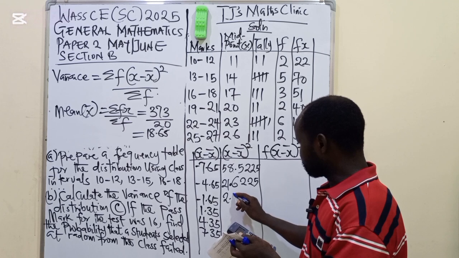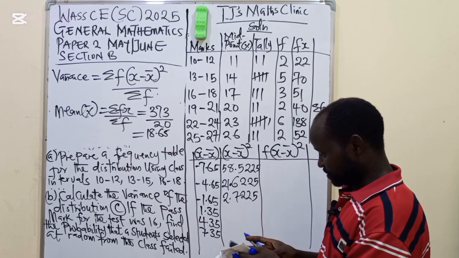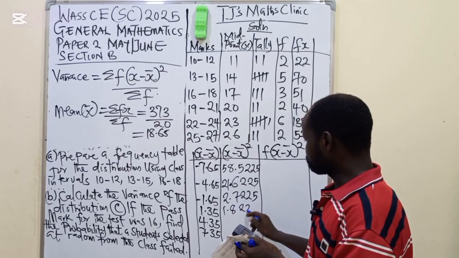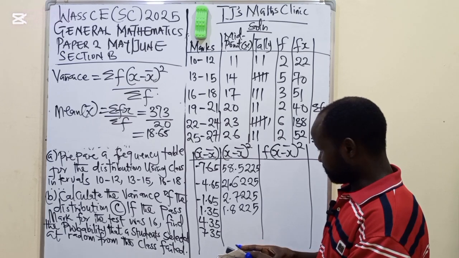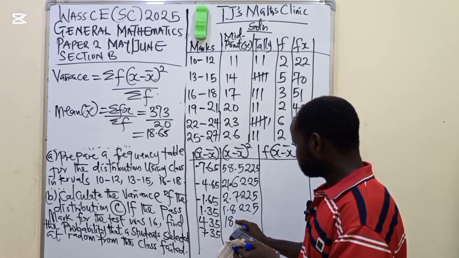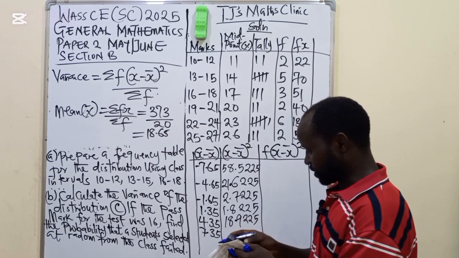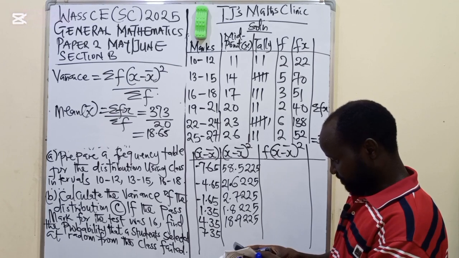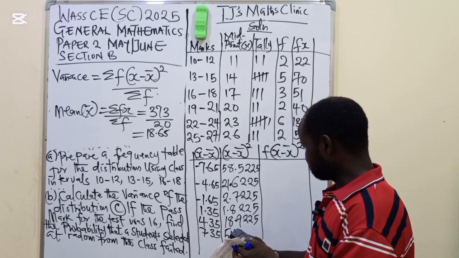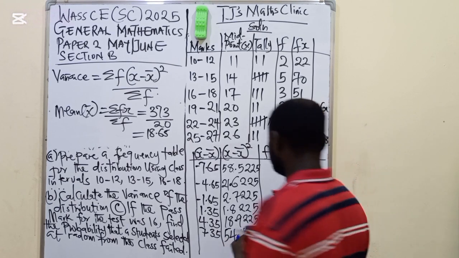We have 2.7225. Next, 1.35 all square. I hope we are together. 1.8225. Next, 4.35 all square. We have 18.9225. The last one now, 7.35 all square. We have 54.0225.